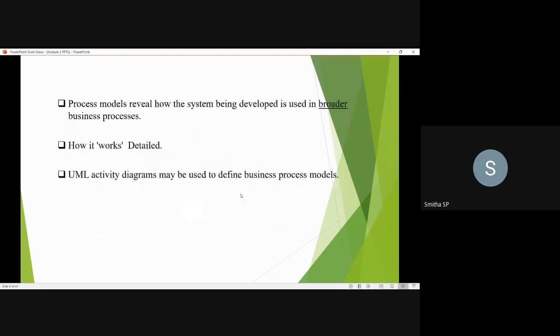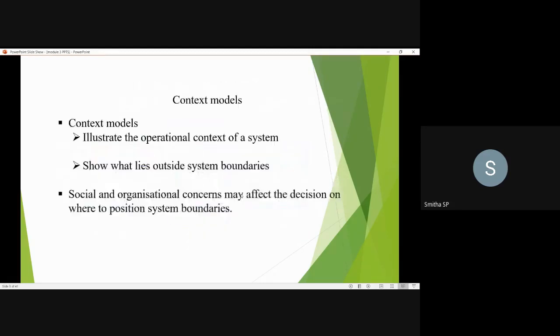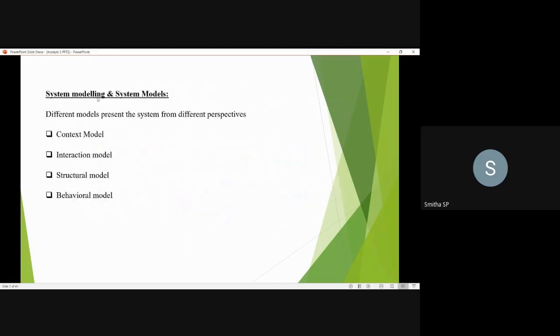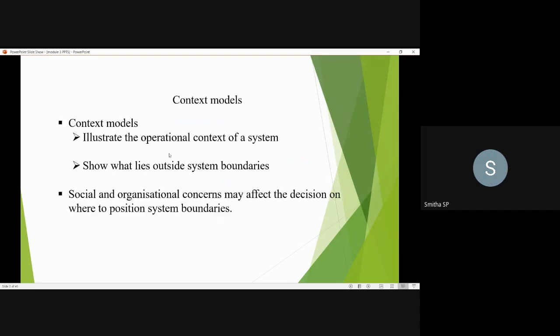So far we have discussed what system modeling is, what a system model is, and the different kinds of models. Until now we have discussed only the context model. The context model illustrates the operational context of a system and shows the system boundaries.